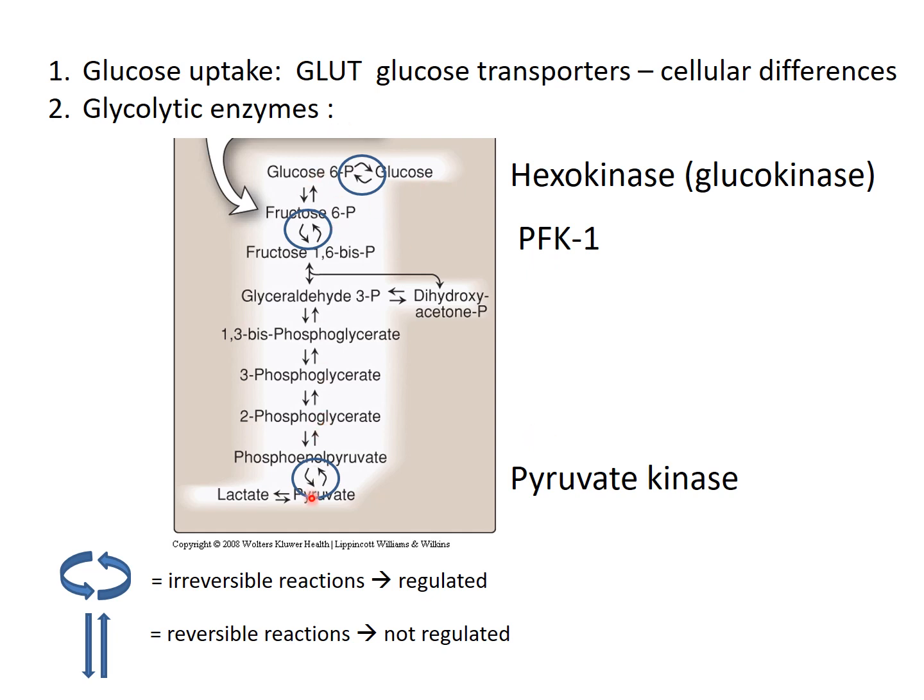In general, when you look at a process and you see these curved arrows, those are the steps that cannot be reversed. What does it mean? We need to have a different enzyme to go from glucose 6-phosphate to glucose or fructose 1,6-bisphosphate to fructose, etc. When you see the parallel arrows, it means that these are absolutely irreversible enzymes.